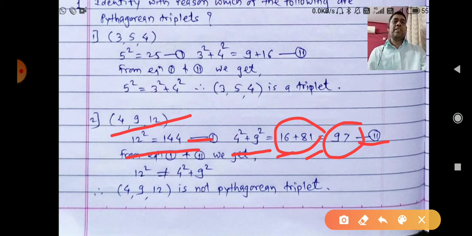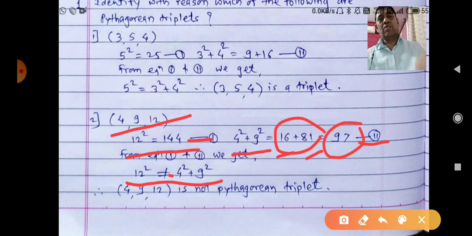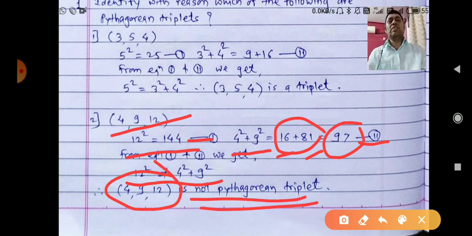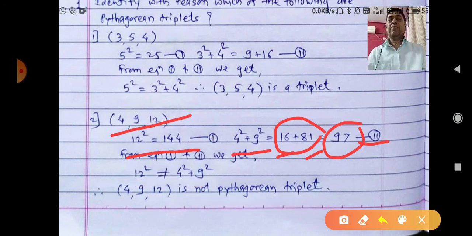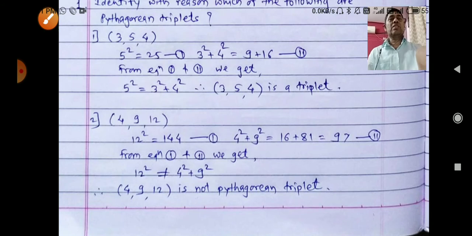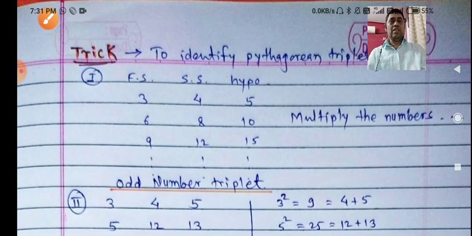From equations first and second, both are not the same. 144 is not equal to 97. So 12 square is not equal to 4 square plus 9 square. By that, 4, 9 and 12 is not a Pythagorean triplet. In this way, we decide which is a Pythagorean triplet and which is not.